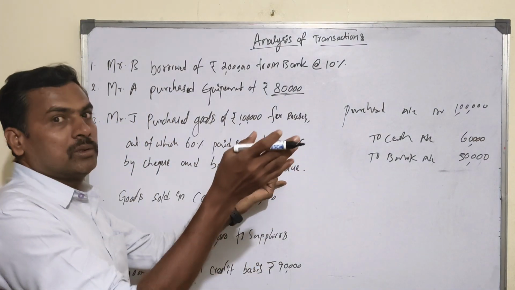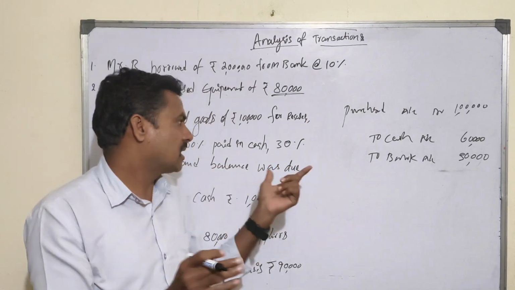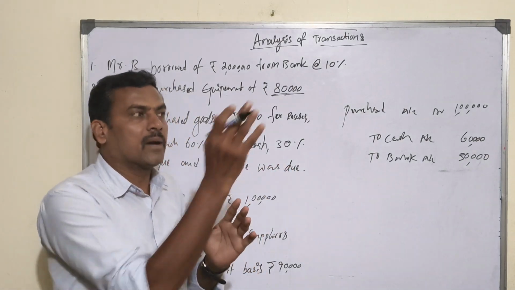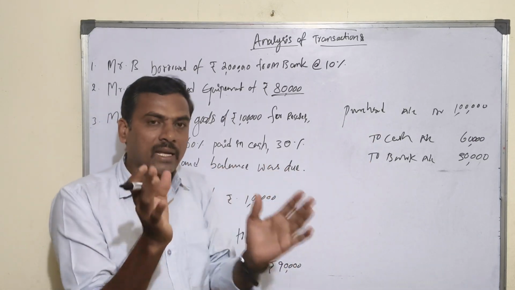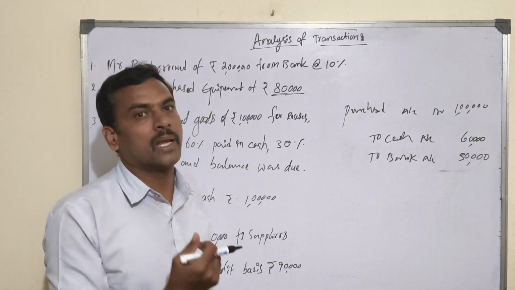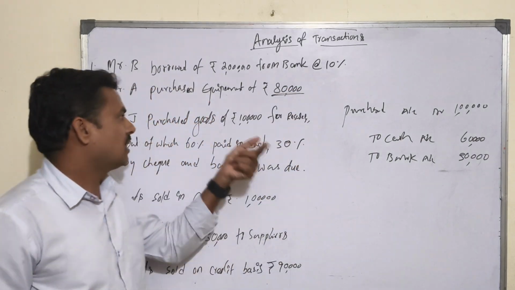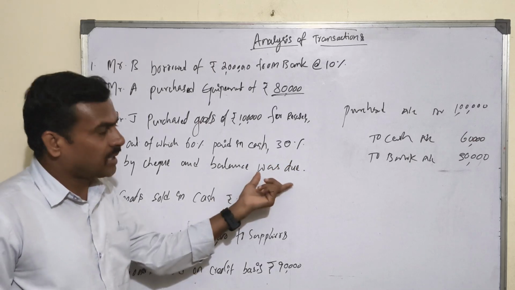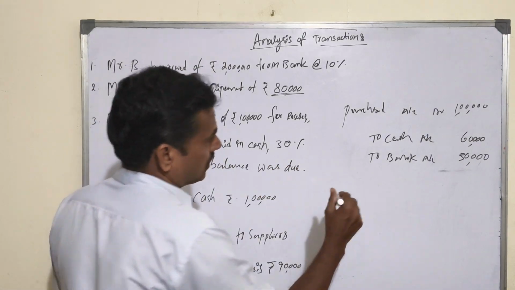And the remaining was due. To whom is it due? Based on this transaction, it is a due. That means when the company is purchasing goods and it is due, a creditor will be created. Supplier, you are supplying goods on credit basis, the remaining portion. So 60 plus 30%, 90%, remaining 10% was due, that is creditors. Let's record it.